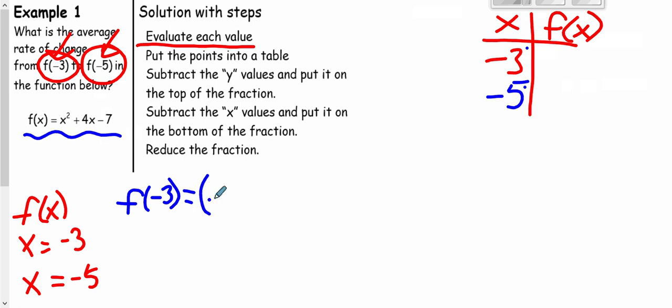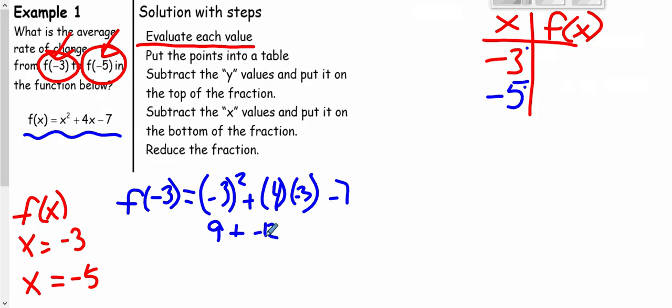So I'm going to say negative 3 squared plus 4 times negative 3 minus 7. And this is a lot of calculator work. So we get 9, and that's a positive 9, plus a negative 12, and minus 7. So that's a negative 3 minus 7. So I have that f of negative 3 is negative 10. So I'm going to go put that in my table next to my negative 3.